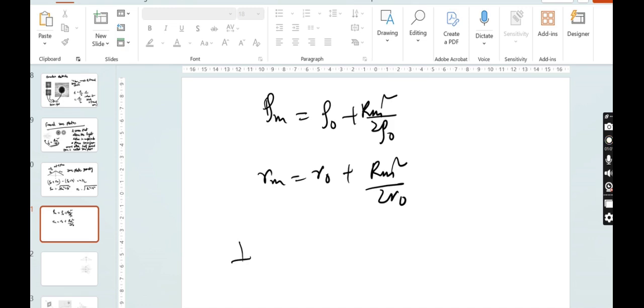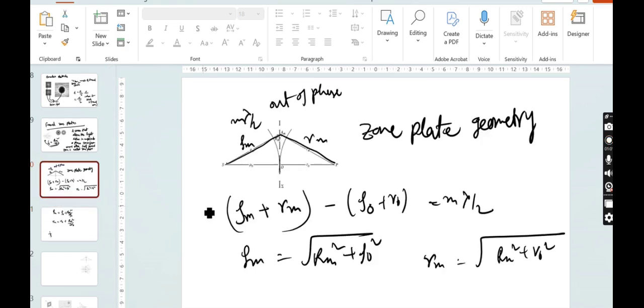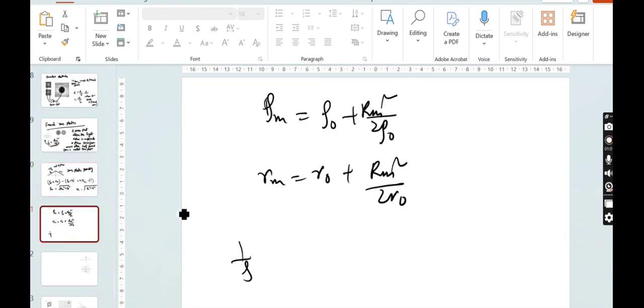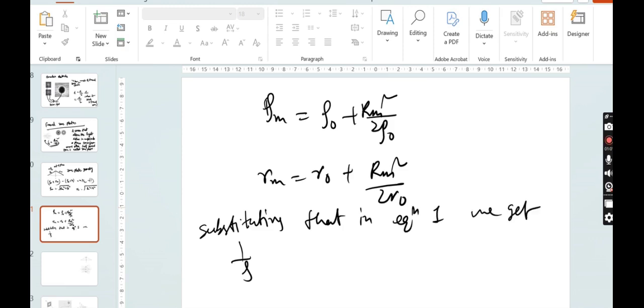Now we substitute that in equation 1 and get 1 by rho naught plus 1 by R naught equal to m lambda by Rn square.